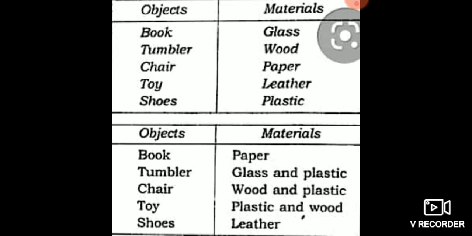For example, by using wood material, you can make chair, table, flag, bullock cart and wheels, etc. These objects are made by using the material wood. Therefore, wood is a material which is used in making different objects.